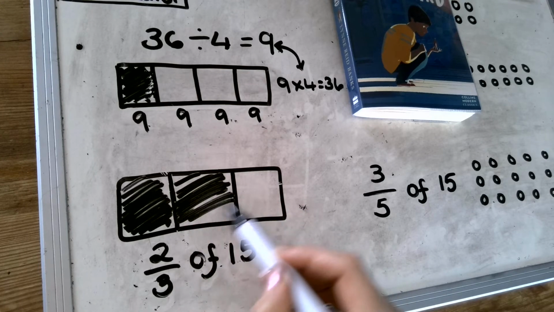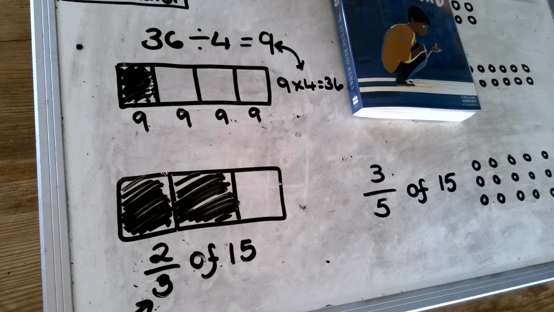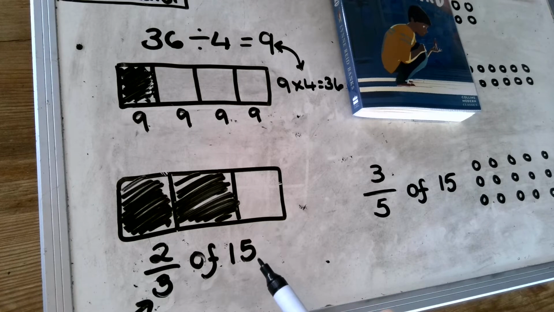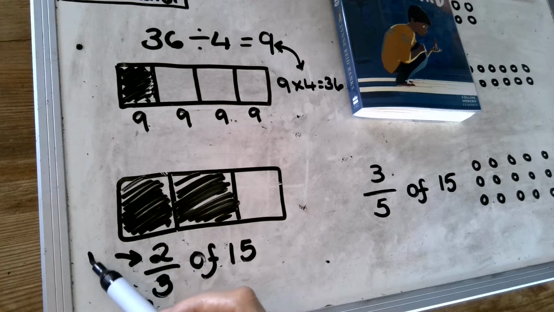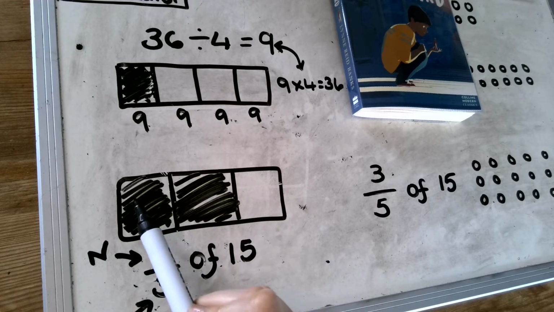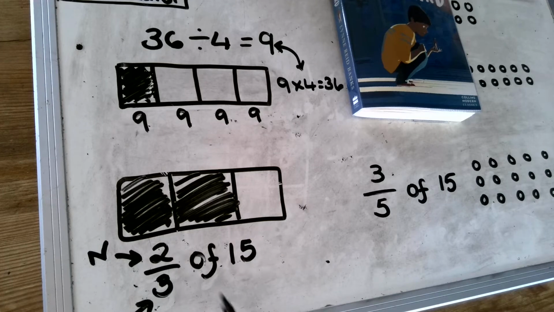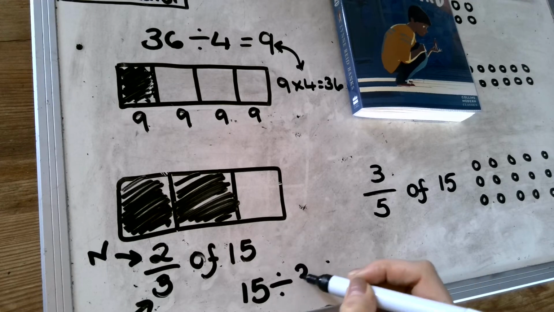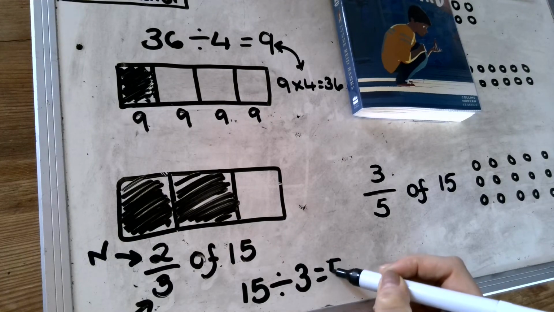So our denominator tells us how many parts we are splitting our whole amount into, and our numerator tells us how many parts we have chosen or selected. So in this situation, we have 2/3. So we still need to divide our whole amount by our denominator, which is 3.